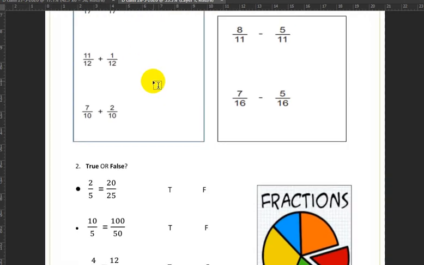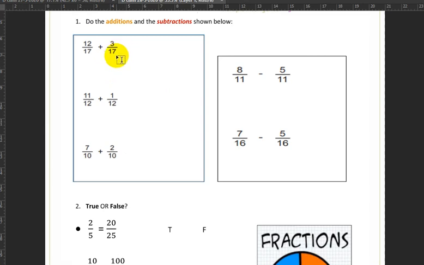Here, first of all, we need to add these fractions. So let's do that. 12/17 plus 3/17. Well, 12 plus 3 makes 15. 15/17. The denominator stays the same. Next we have 11/12 plus 1/12.